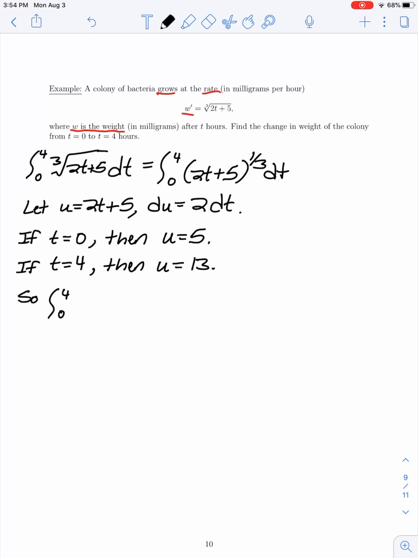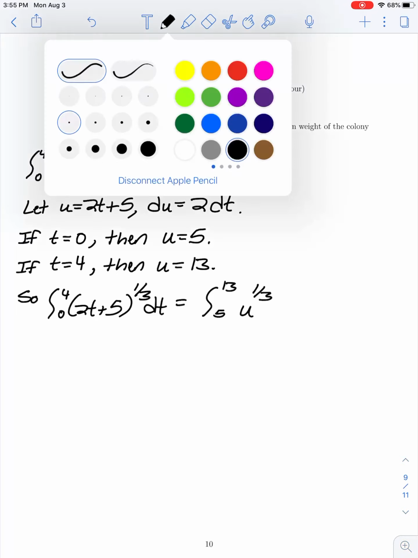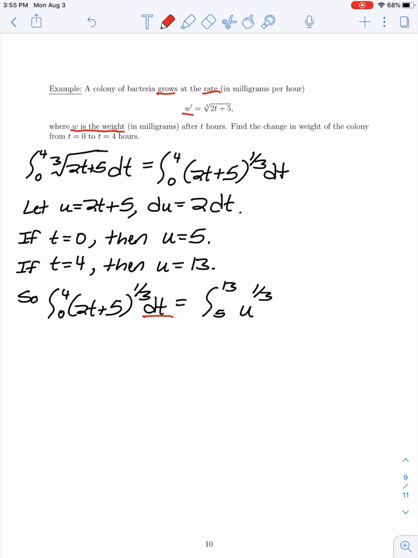So our original integral from 0 to 4 of 2t plus 5 to the 1/3 power dt is equal to the integral from 5 to 13, in terms of u, of u to the 1/3 power, and we're left with dt on the end. Looking back at our earlier work, to solve for dt in terms of du, we have dt is half of du.